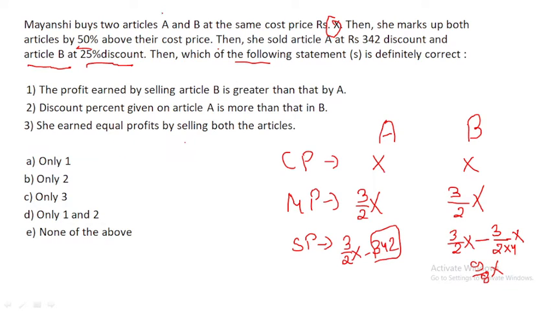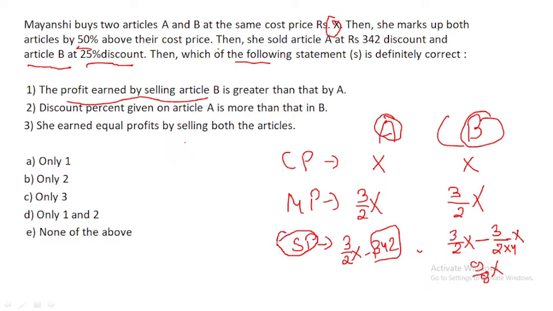So this is the data which we captured and analyzed from the given details. Now we will move on to our statements and verify whether the given statements are definitely correct or not. The profit earned by selling article B is greater than that by A. So what are they saying? Profit earned by selling article B. Can we compare the profits of A and B here? No. Why? Because enough data is not given.